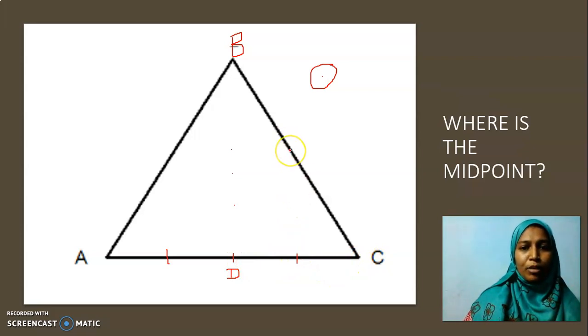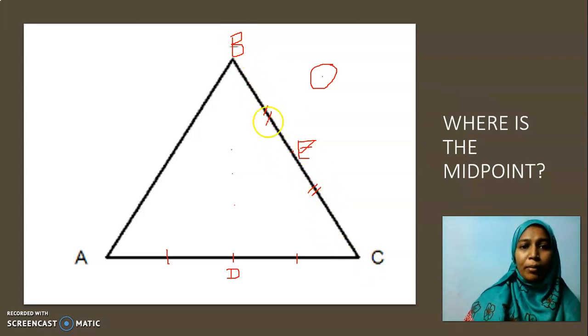And if I locate the midpoint here using a scale, and say E is the midpoint, sorry children, E is the midpoint, I will mark it with 2 straight lines indicating that BE and EC are equal.